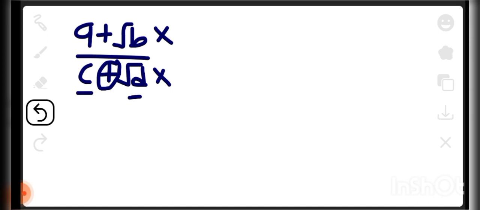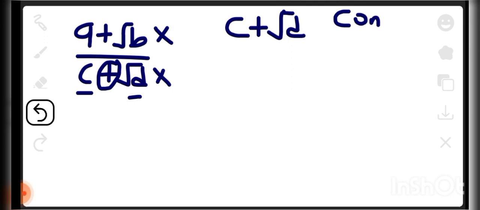For example, if I ask you what is the conjugate of c plus root d, we just say the conjugate will be c minus root d. You just change this sign. If it's plus before, you change it to minus. If it's minus, you change it to plus.